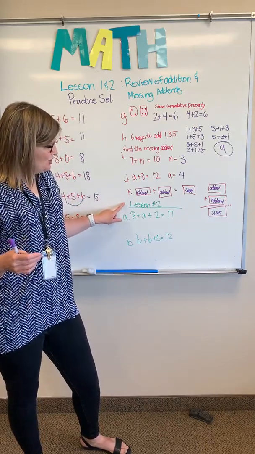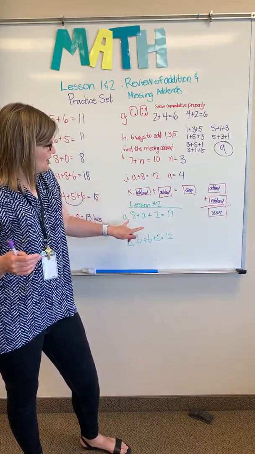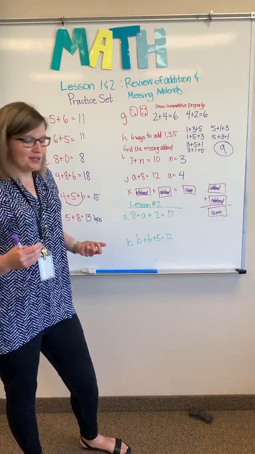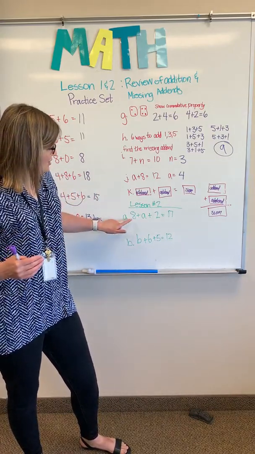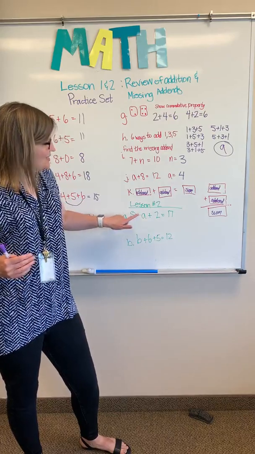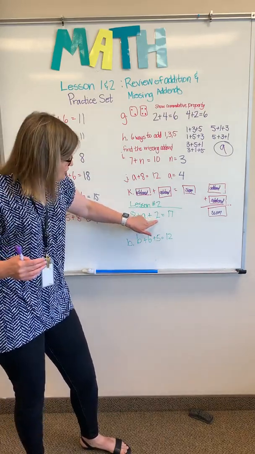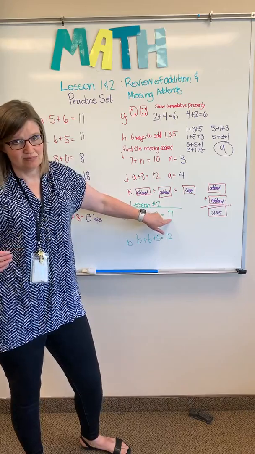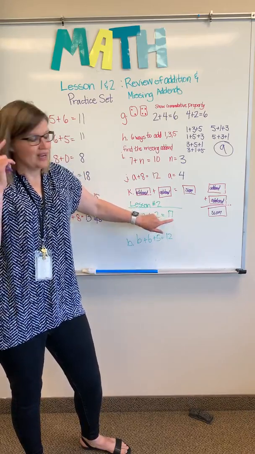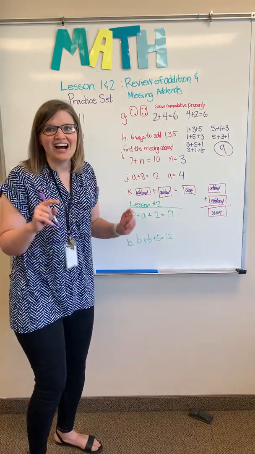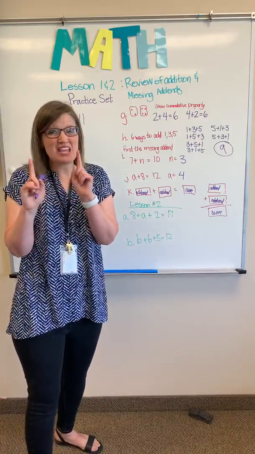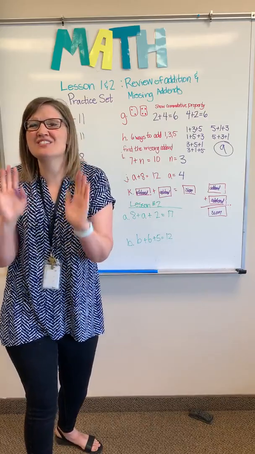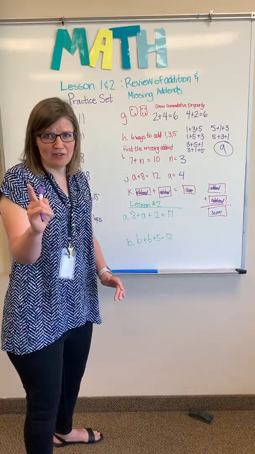Moving to lesson 2, it's more about finding missing addends. And here it says 8 plus A plus 2 equals 17. Now, once more, I love it when I have two numbers that I add together and make 10. It just makes my life so much easier. So I look for those.